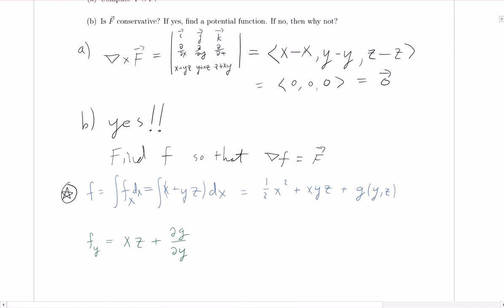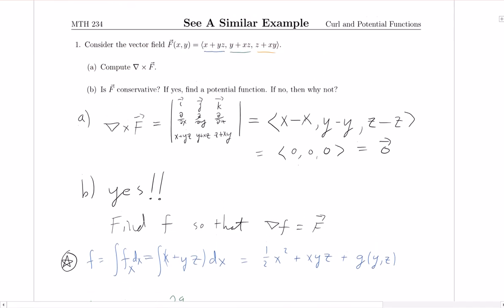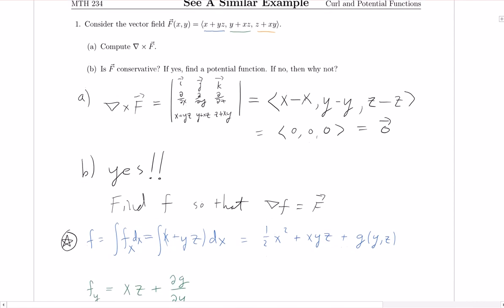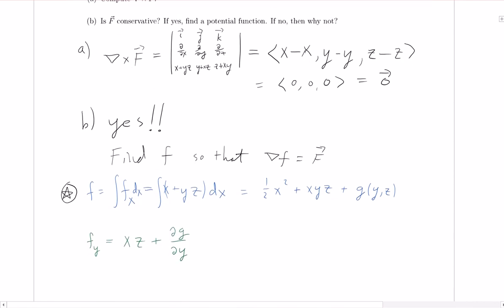And back to what we did in the first step, this should be equal to what we underlined in green above, the y slot of the original vector field. So this should be equal to y plus xz. So we see there's xz on both sides, which we can cancel. And from this we can conclude that the y derivative of g is just y.